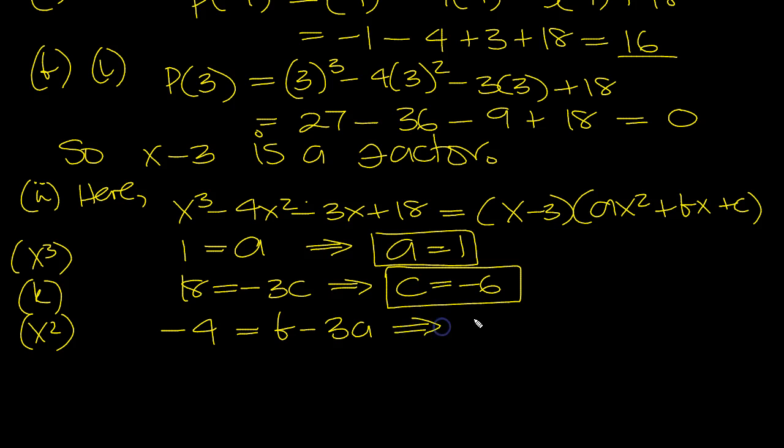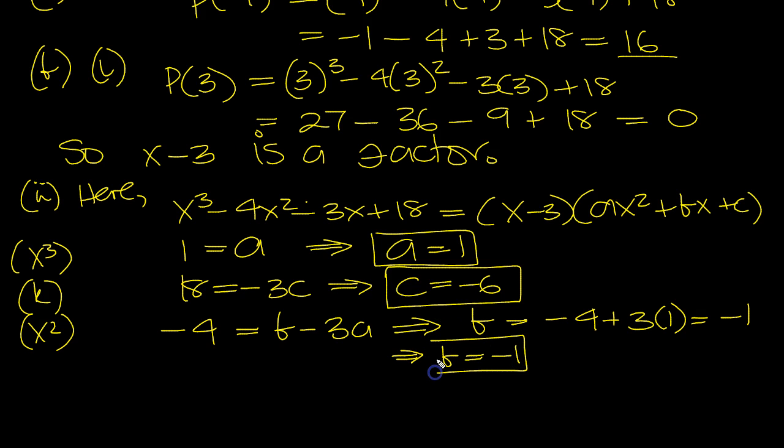So that tells us that b is equal to minus 4 plus the 3a, and a is 1. Minus 4 plus 3 is minus 1. In other words, b equals minus 1. Okay, there we go. So we've got a, b and c.